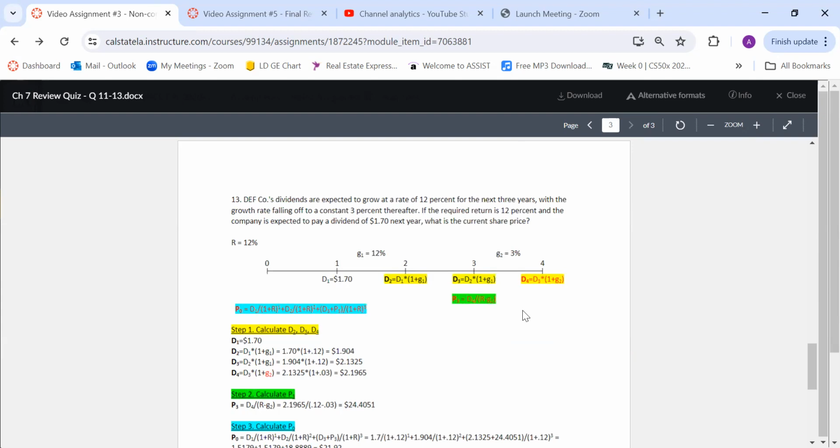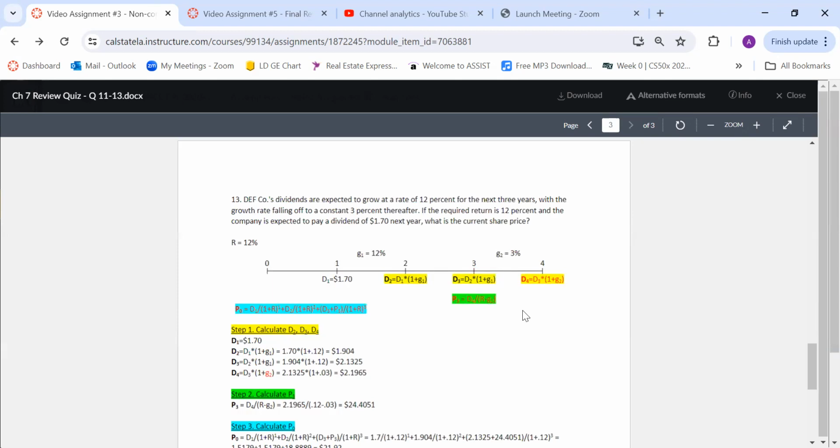We calculate D2 by implementing D1 into the equation: 1.70 multiplied by 1 plus the first growth rate gives $1.90. For D3, we multiply 1.90 by 1 plus 0.12 to get $2.13.